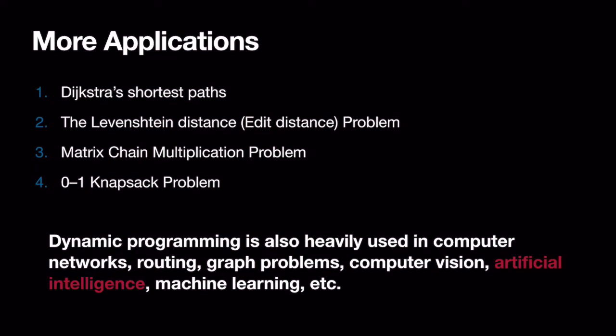Dijkstra's algorithm is another classic example. It reuses prior computations to discover the shortest path between two nodes. You will also see it in artificial intelligence, machine learning. PyTorch is great for writing dynamic programming. So the keywords are overlapping subproblems and optimal substructure.